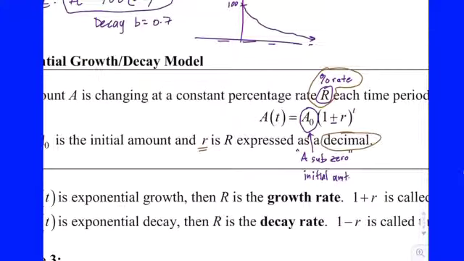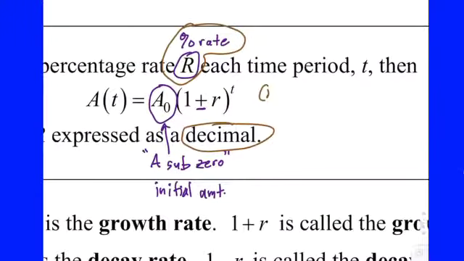So if we look at our example from number 1, we had the amount at time t. The initial amount was 100, and it ended up being 1 plus 0.3 to the tth power. So big R was 30%, but what was little r? 0.3, right? And in example 2, we had A sub t.